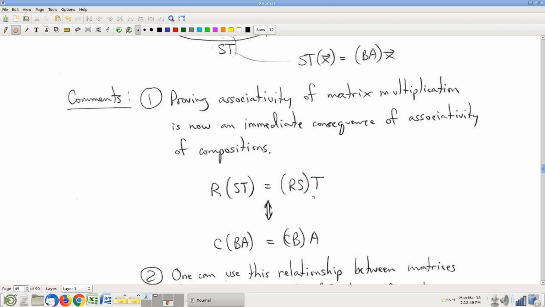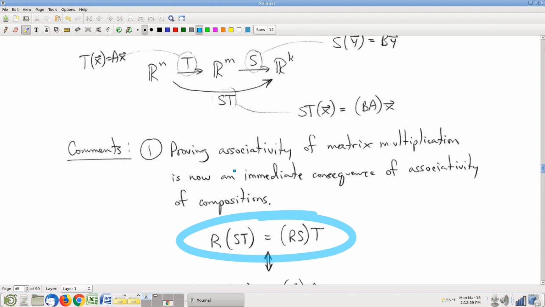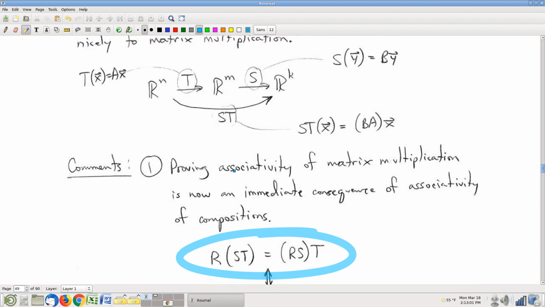So rather than prove this fact using matrix multiplication, which is kind of unwieldy and hard to work with, I am instead just going to prove the associativity of multiplication of linear transformations. In other words, I'm just going to prove the associativity of composing functions. And this is super easy. Look how easy this is.